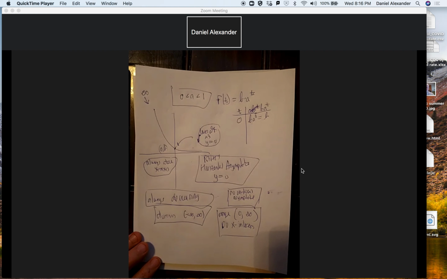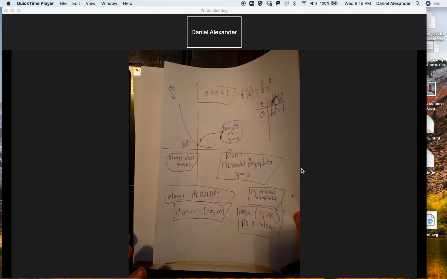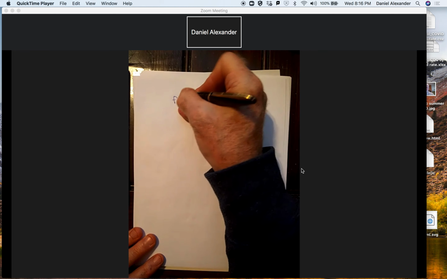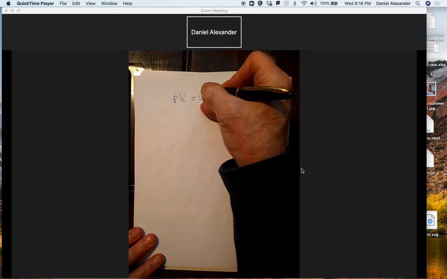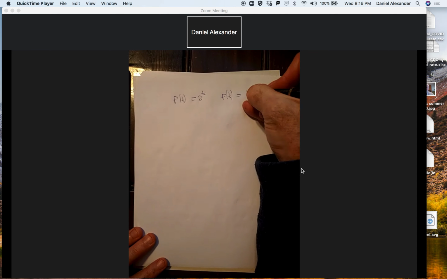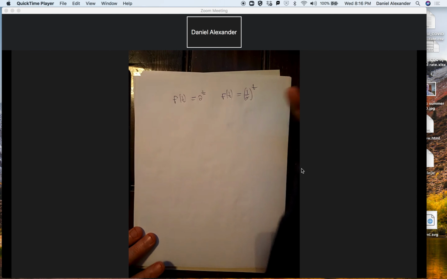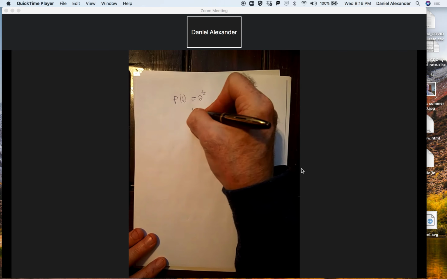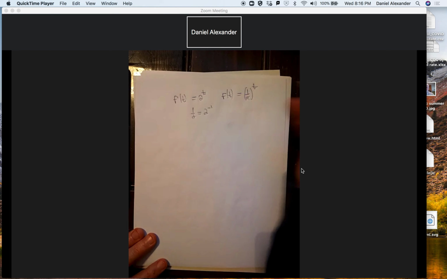Okay. So I just want to do one more thing and then we're done. I want to compare f of t equals 2 to the t to f of t equaling 1/2 to the t. Notice that 1/2 is equal to 2 to the minus 1.